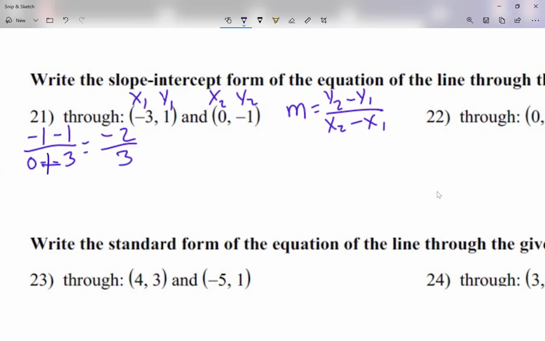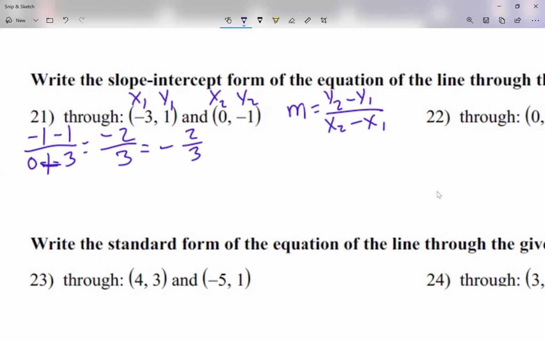That's how I got a +3 at the bottom. Now, when there's a negative sign, bring it to the front. So it's a -2 over 3. It doesn't matter if the negative comes from the top or from the bottom, just bring it to the front. Simplify the fraction if you can. In this case, we cannot. So I have my slope.